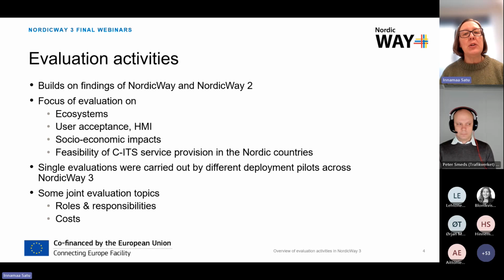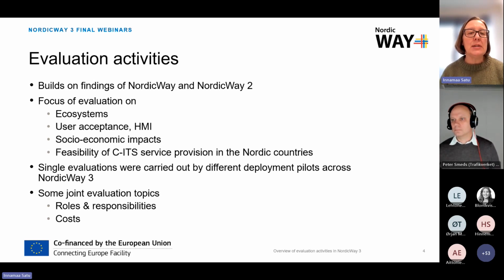But anyhow, they had the freedom to address those topics in the evaluation that they saw most important for the deployment of C-ITS. We had some joint evaluation topics related to roles and responsibilities and costs in the implementation and operation of these services. So we wanted to understand these more.